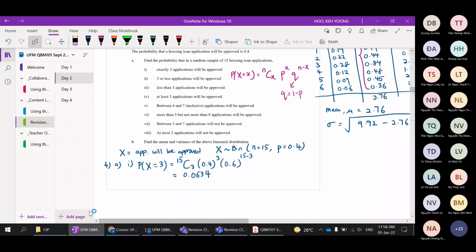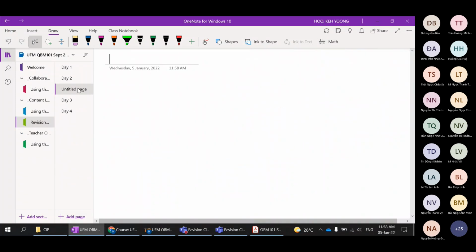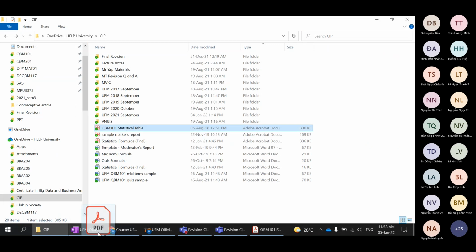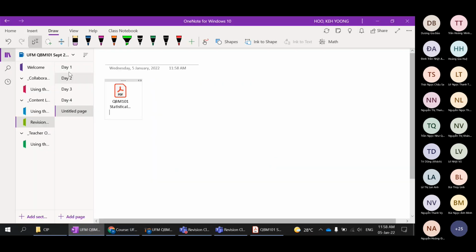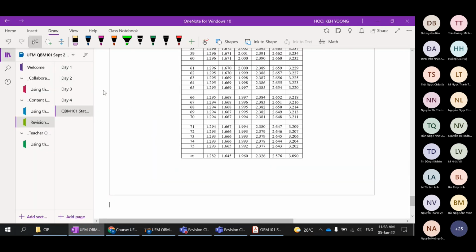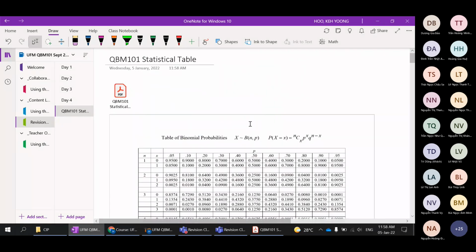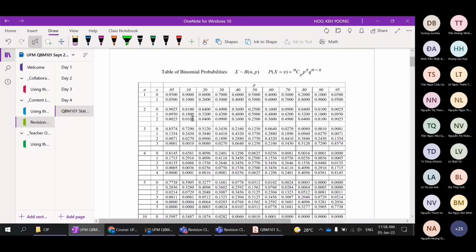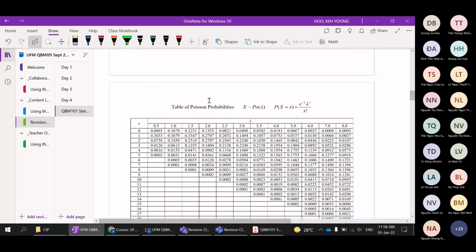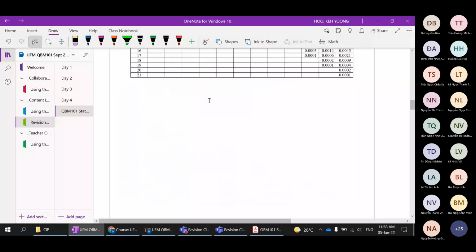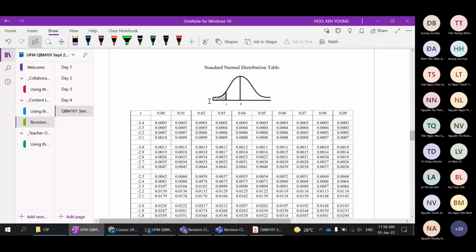Let me import it to OneNote. So in this statistical table, you will see the table for binomial distributions, the table for Poisson distributions, and then a table for normal distributions.